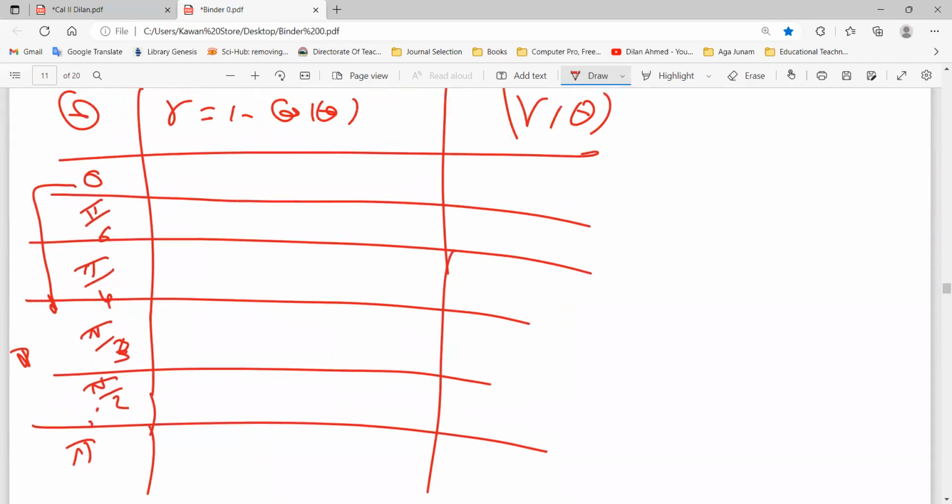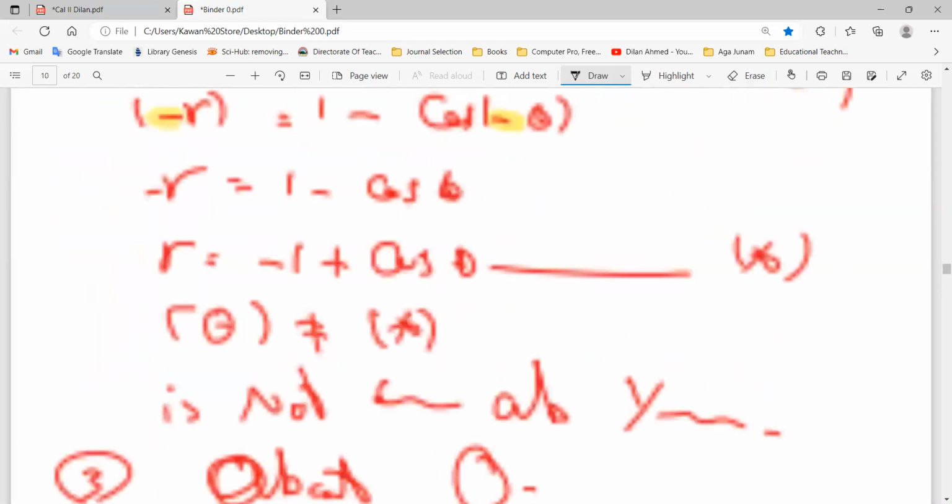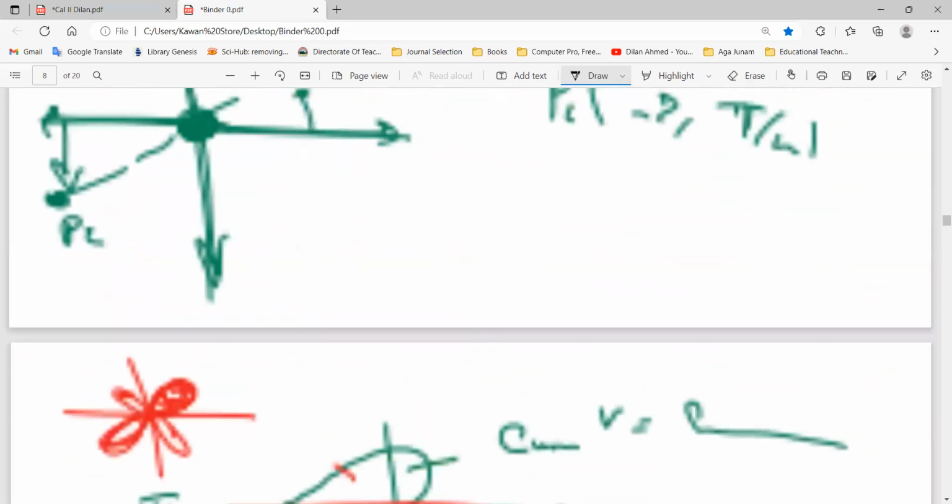So what do I get? If I put 0, I'll get 0. Right? If I put pi over 6, cosine of pi over 6 is equal to... 1 minus... I cannot remember actually. Let me see.